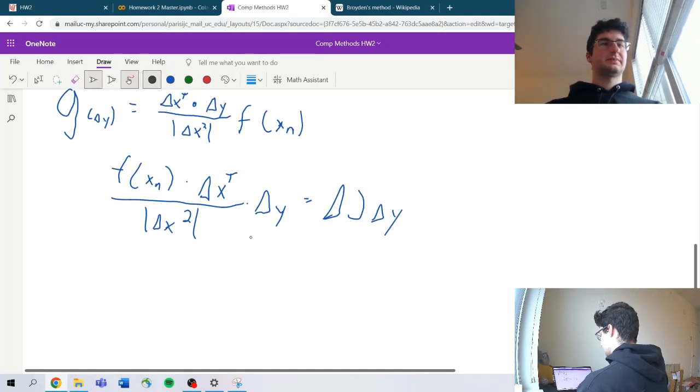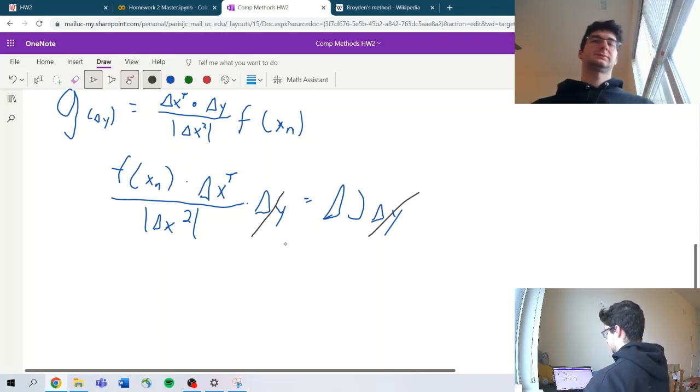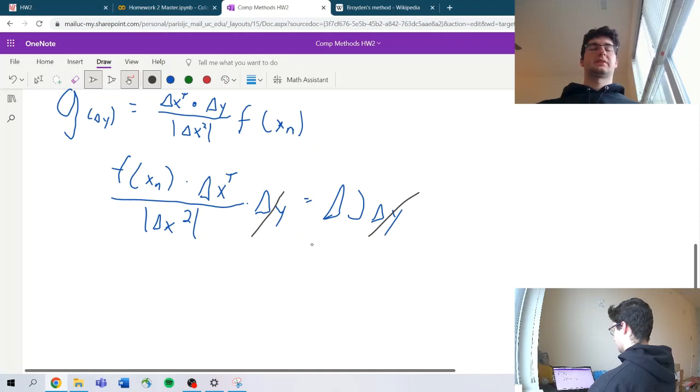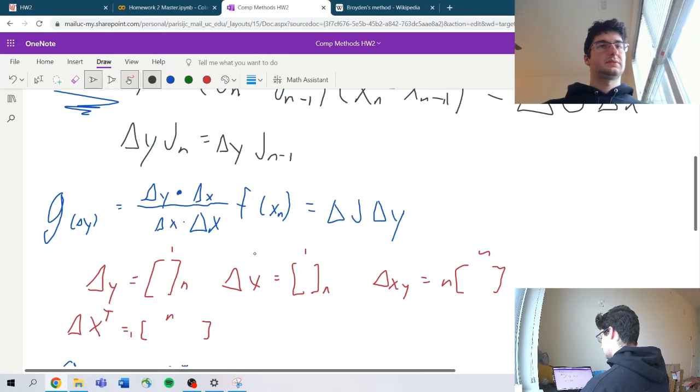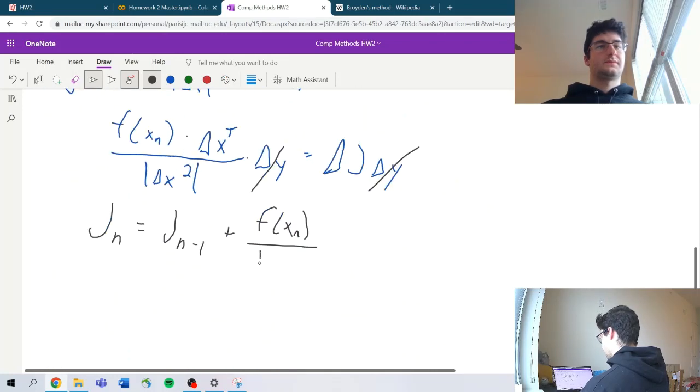These delta y's cancel, and we're left with this function, so we're left with j n equals j to the n minus 1 plus this f of x to the n over our delta x squared times our transposed x.